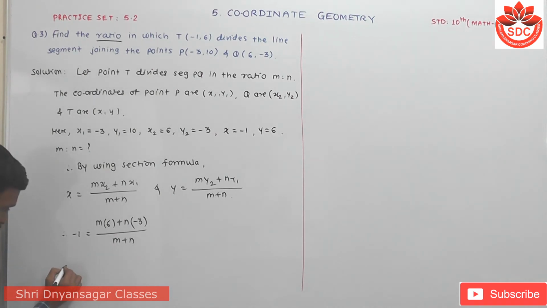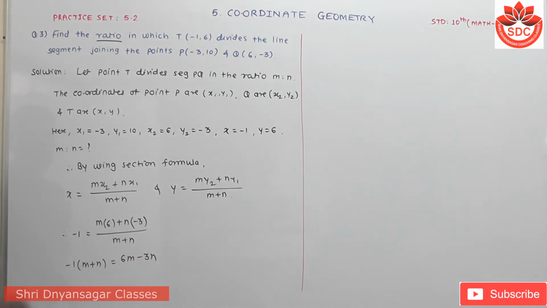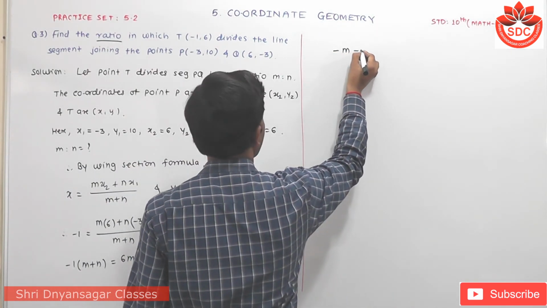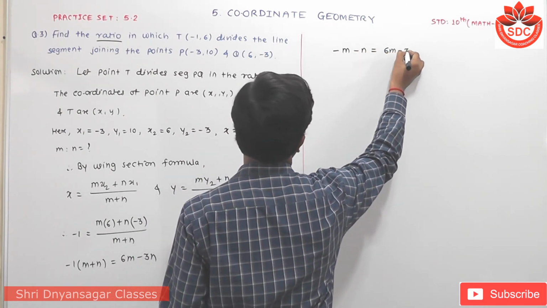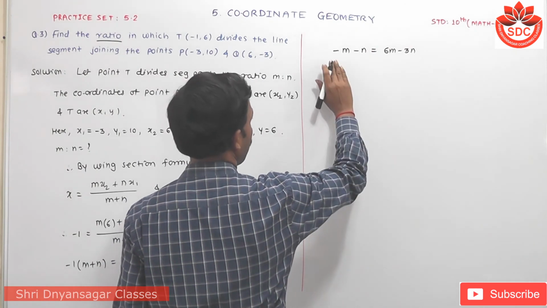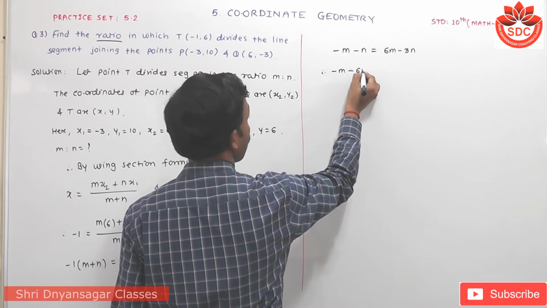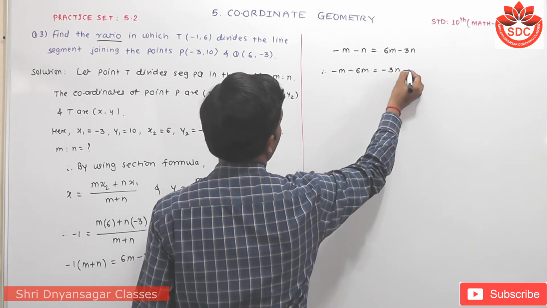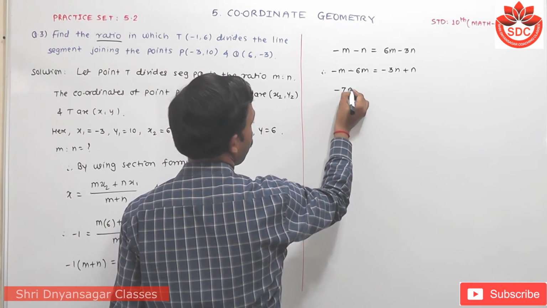Then by cross multiplication, -1 into (m + n) is equal to 6m - 3n. Now student, when we multiply, we get -m - n is equal to 6m - 3n. Then I have to transfer m to this side and n to this side. We get -m - 6m is equal to -3n + n.